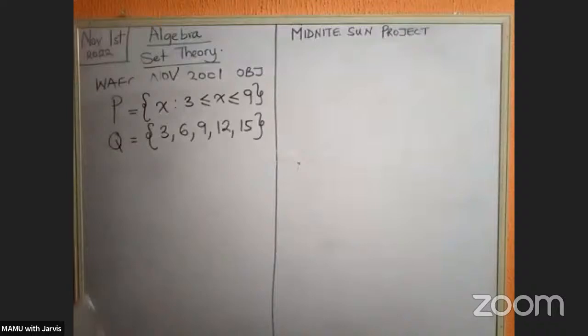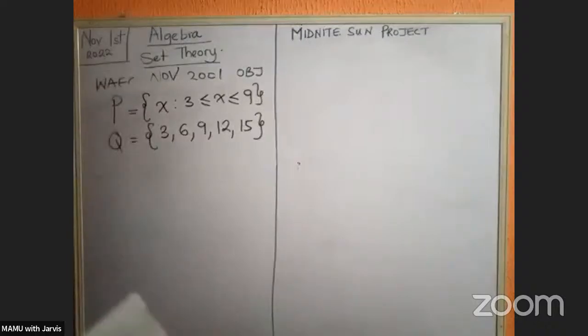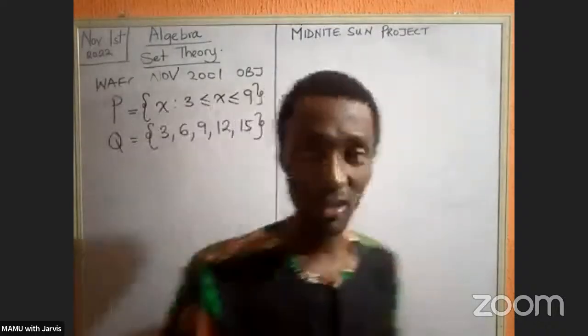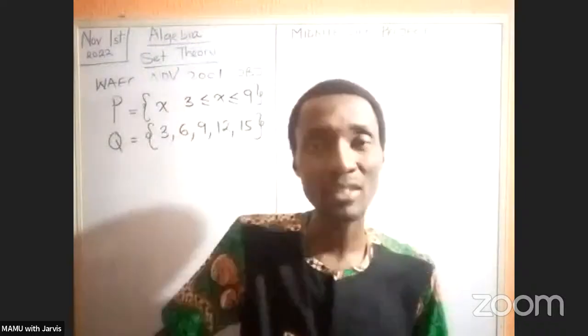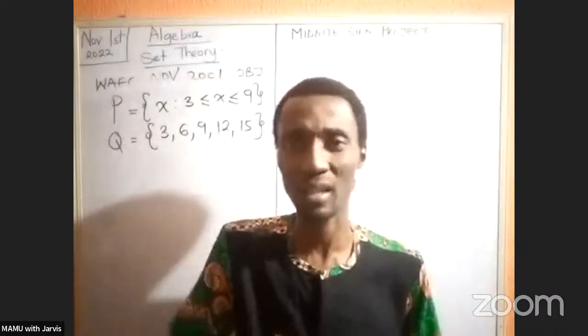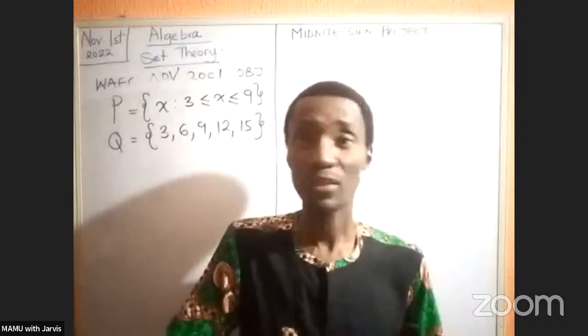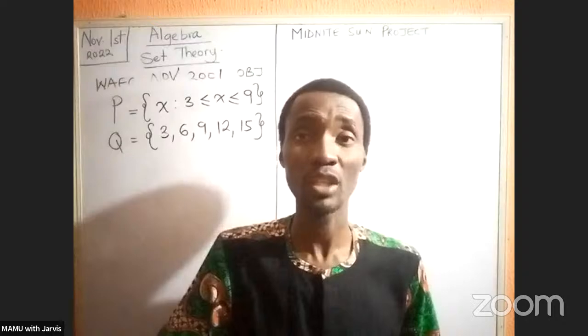Now the next thing, we're told that P and Q are subsets of the universal set. Just for the purpose of emphasis, sets defined under the universal set are subsets of the universal set.